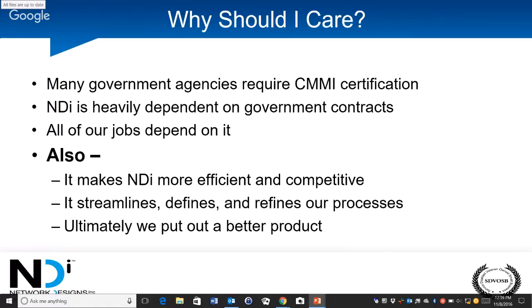We seek to win the prize. The prize here is keeping our CMMI certification, and likewise for us to keep our government contracts and to gain additional government contracts. It's very important for NDi. It's important for us as individuals. So at this time, I'd like to take any questions that you might have.